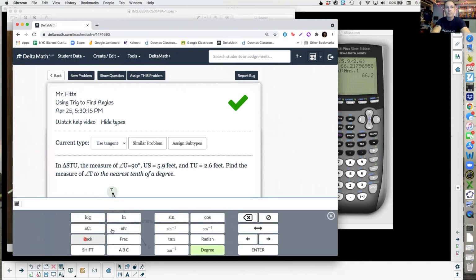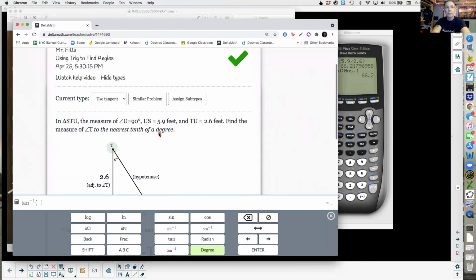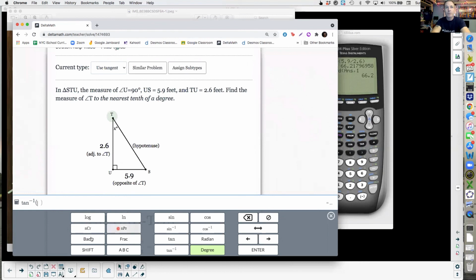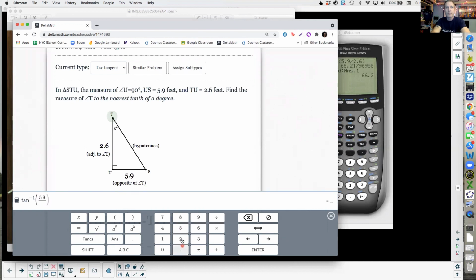Funcs, inverse tangent, 5.9 divided by 2.6. And you get 66.2. Excellent.